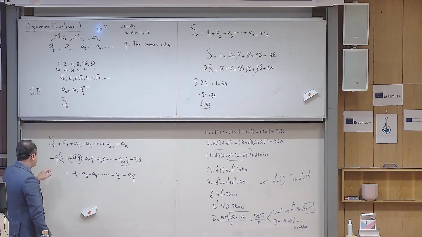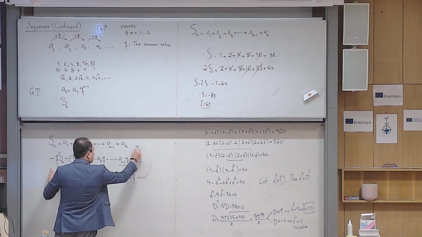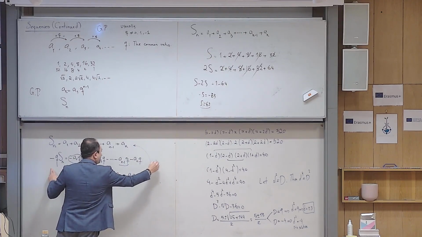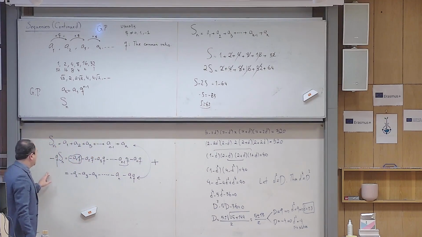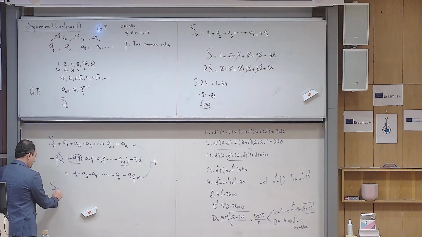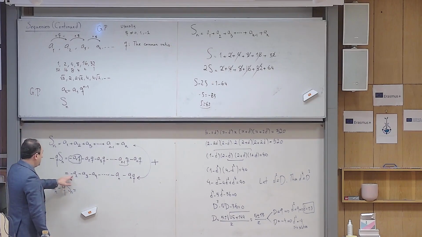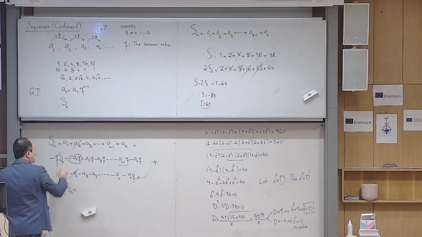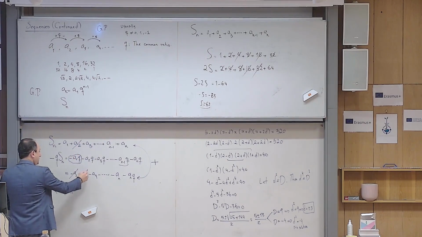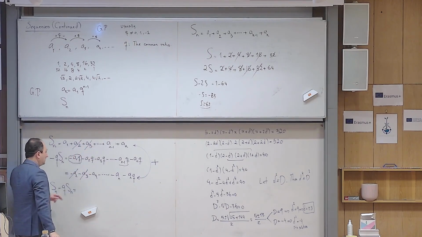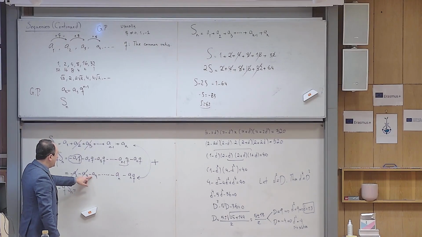Now you see that if I take this one and that one and add them up, Sn plus minus qSn becomes equal to minus a2 and that a2 are gone, minus a3 and that a3 are gone. Minus a4 is also cancelled. Why?